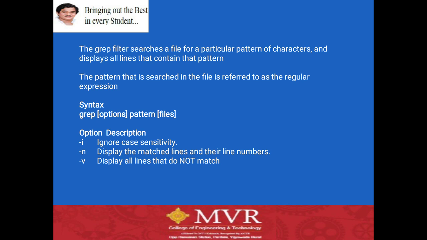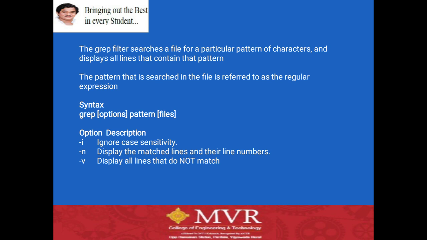When you need that, you need to use the -n option. Whenever you use the -n option with the grep command, it will print the lines which match the given pattern along with their line numbers. That is the thing you need to understand.